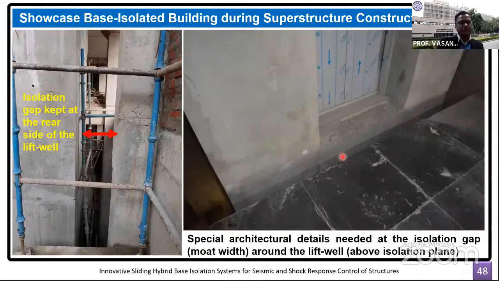At the lift core, you can see that a gap was maintained surrounding the lift core so that it doesn't interfere with the surrounding structure. There will be no impact during the design earthquake.